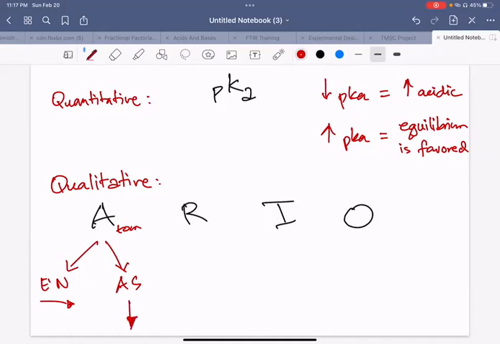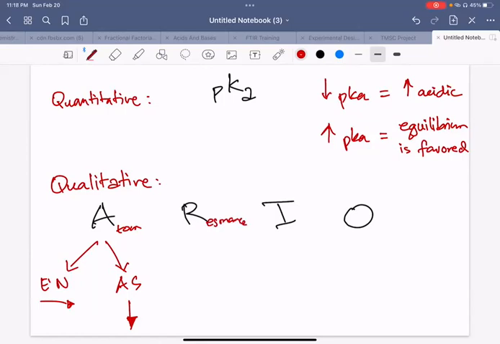The higher the electronegativity of the atom, the more stabilized the anion is, and the more acidic the compound that corresponds to the anion. And the larger the size of the atom, the more stabilizing it is, and the more stabilized the conjugate base, the more acidic the corresponding acid. The second one is resonance.